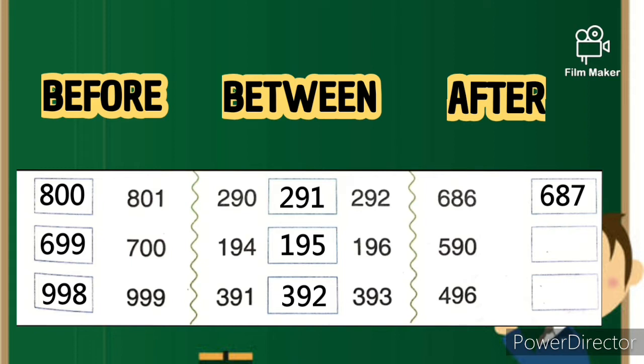What comes after 590 is 591. So you will write down 591 in the block. Next is 496. What comes after 496 is 497. So you will write down 497 in the block.